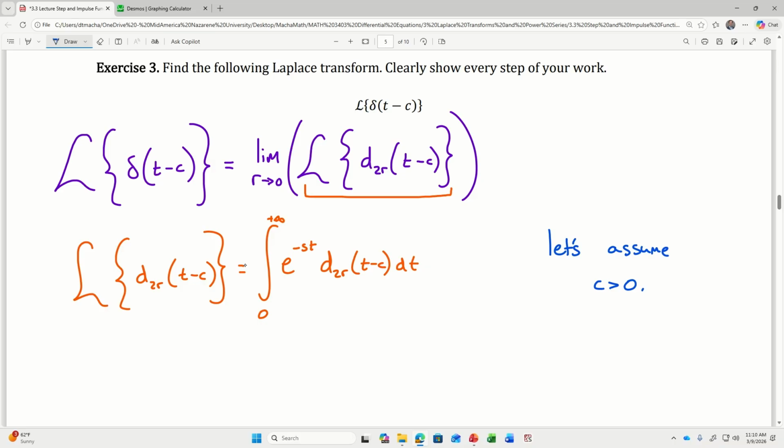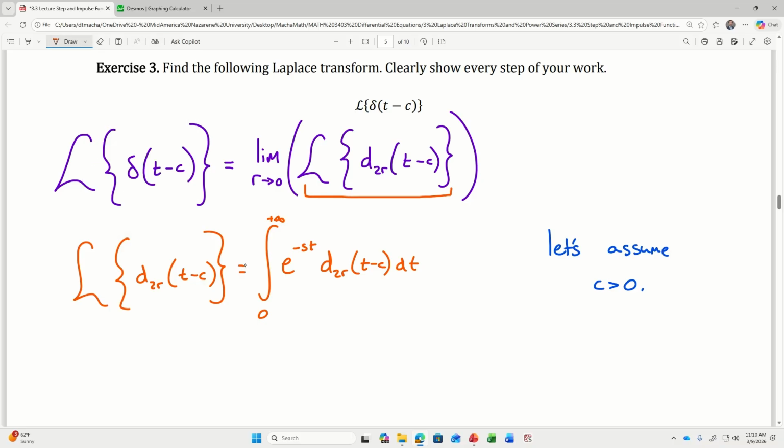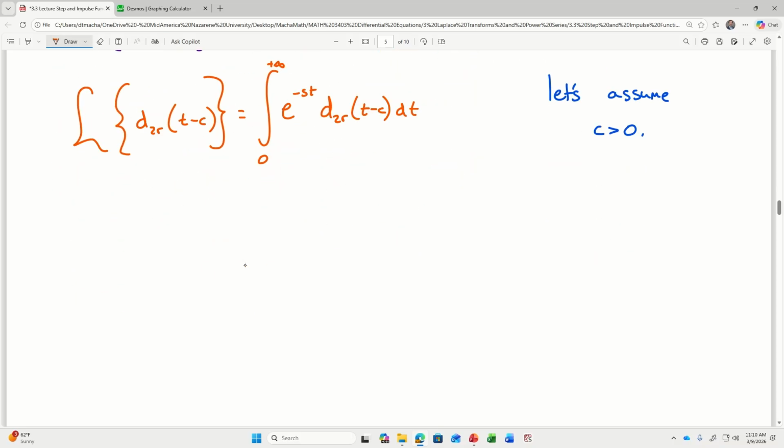As long as c is not negative or c equal to 0, this would make sense. But since our integral has lower bound 0, if I want to capture the whole unit pulse, I've got to have a c value greater than 0 where that pulse happens.